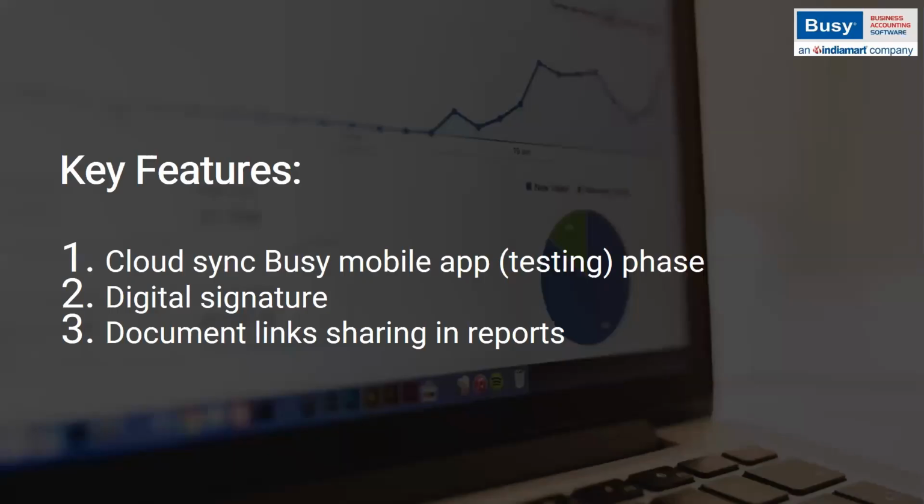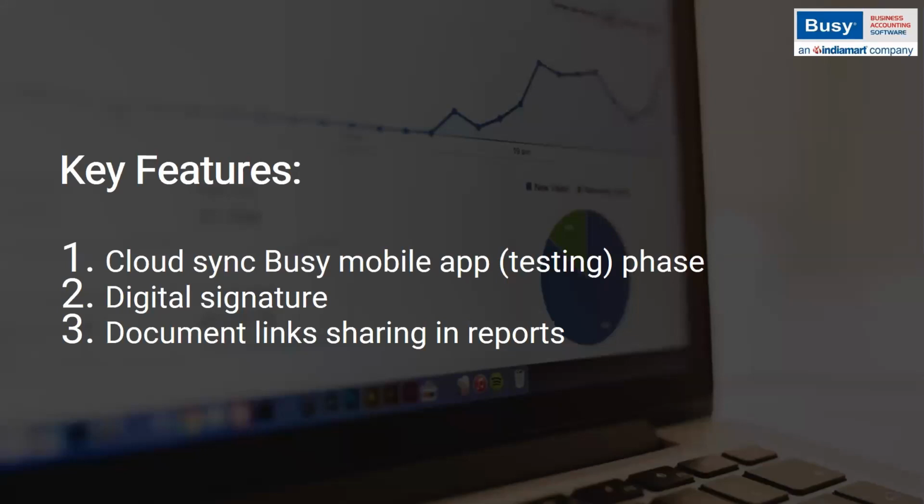So what are the key features provided in Busy 7.0? Three important features are there. One is we have given the beta link. Actually, this beta link had nothing to do with the 7.0, but still we are covering this because it's not properly launched for the customer.